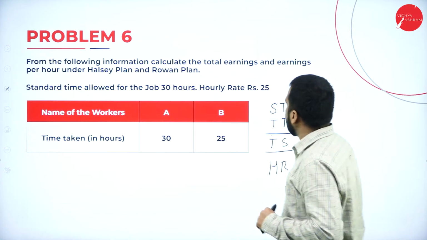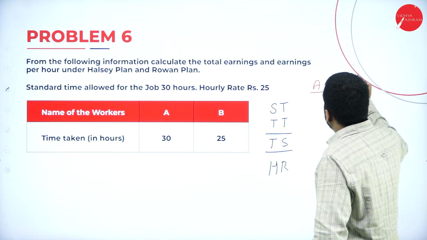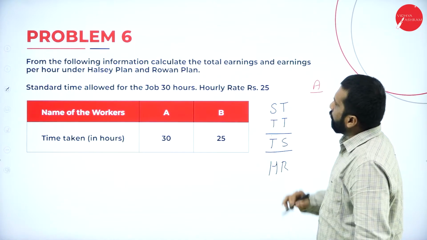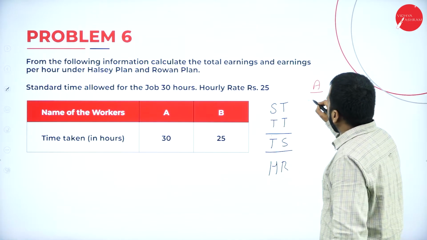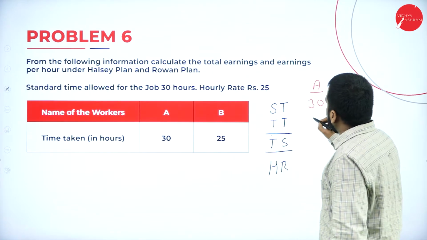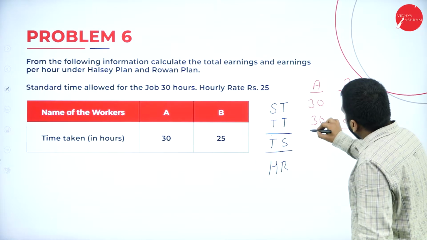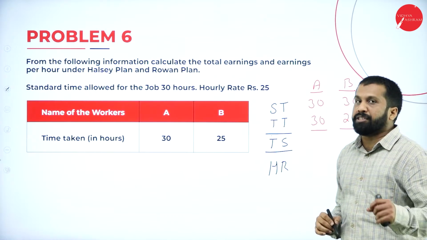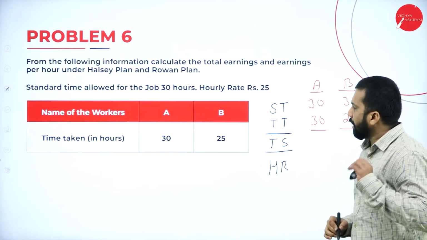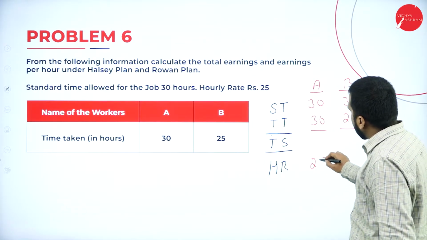In this, there are 2 persons, one is A, another one is B. The standard time is given as 30 hours. Time taken by A is 30, time taken by B is 25. So these are the information already available. Now, what is the hourly rate? Hourly rate is given as 25.